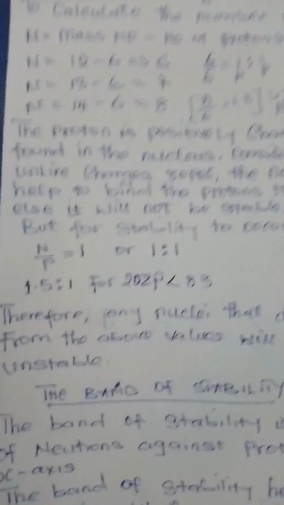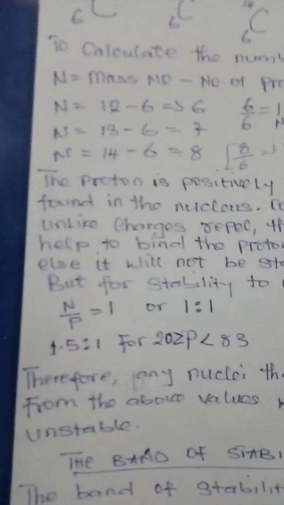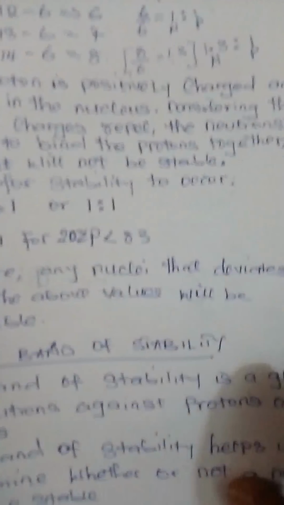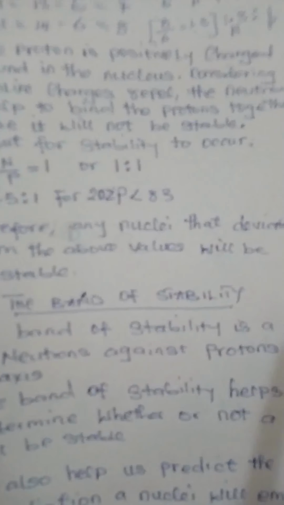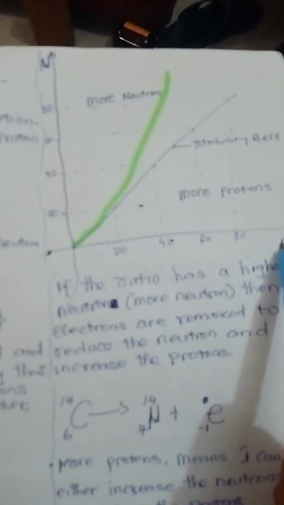Now, when we talk about band of stability, what are we talking about? The band of stability is simply a graph that shows us the relationship between neutrons against protons, and then we discovered that there is a very straight line running very straight, that's the proportional line.